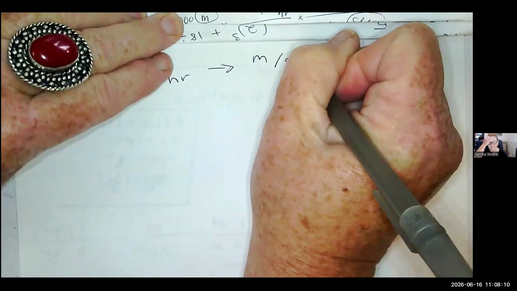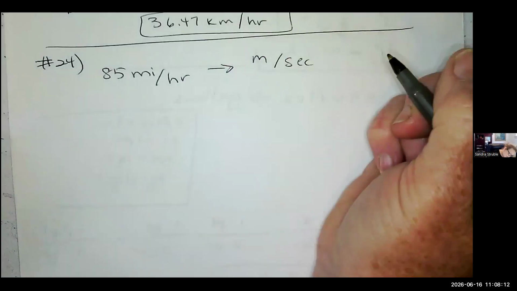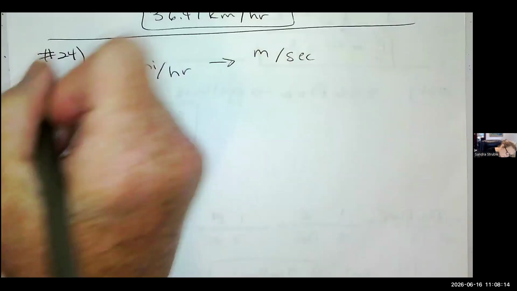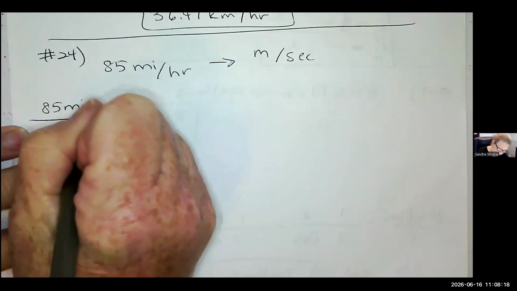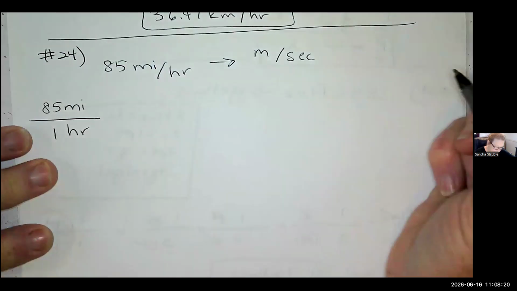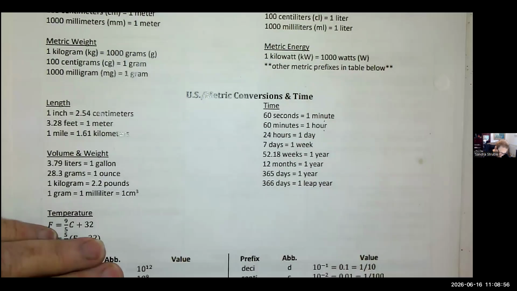All right. So starting off with 85 miles for 1 hour. All right, we're going to get from miles to hours. I'm sorry, miles to meters. I'll get there. Okay, miles to meters.